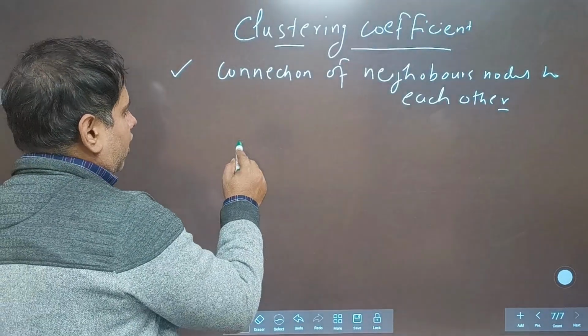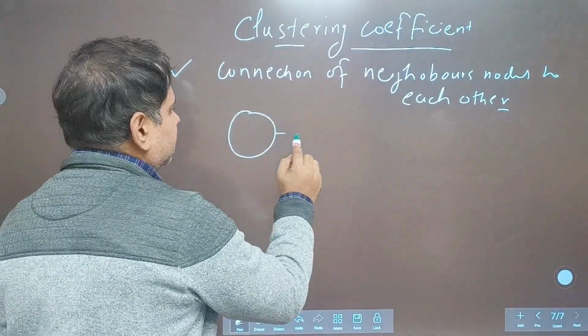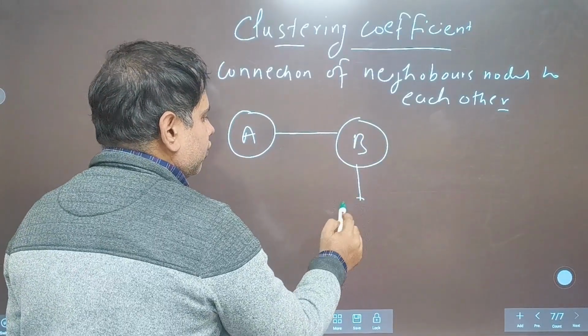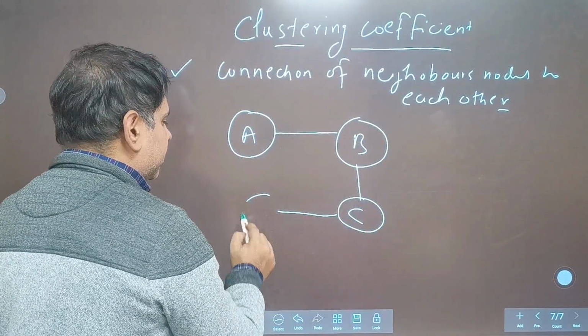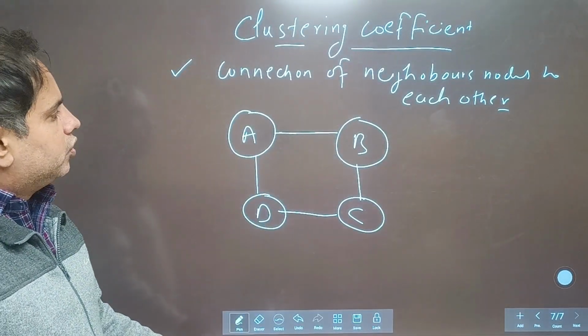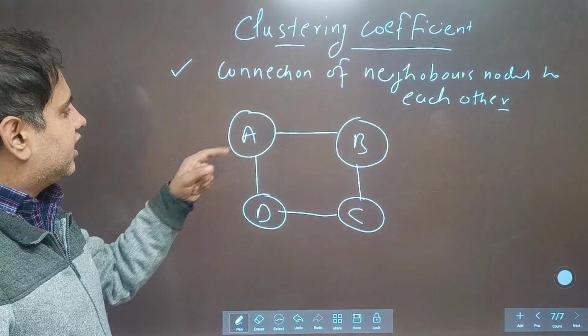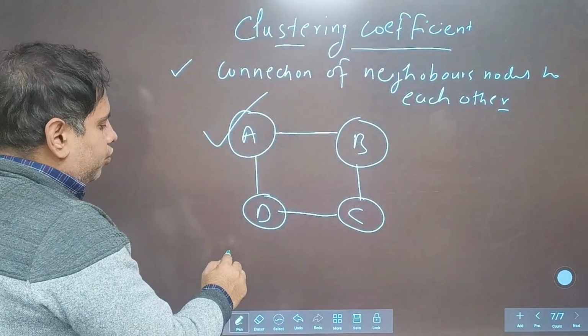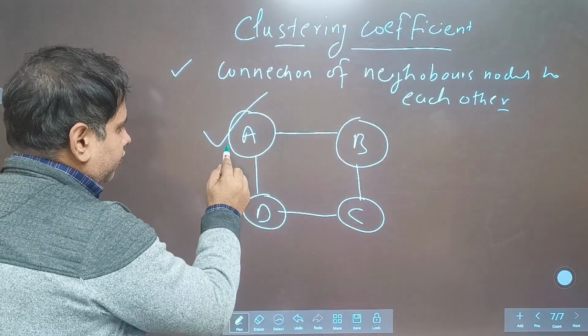For better understanding, for example, this is your simple network. A is connected with B, B is connected with C, C is connected with D, like this, right? If you ask me what is the clustering coefficient of node A, it is 0. Why?